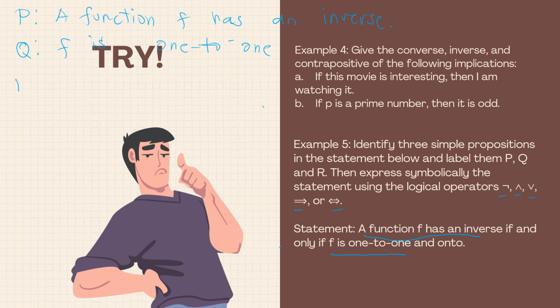Then we have R, f is onto. Why we didn't write onto only? Because remember, proposition should be a declarative statement.